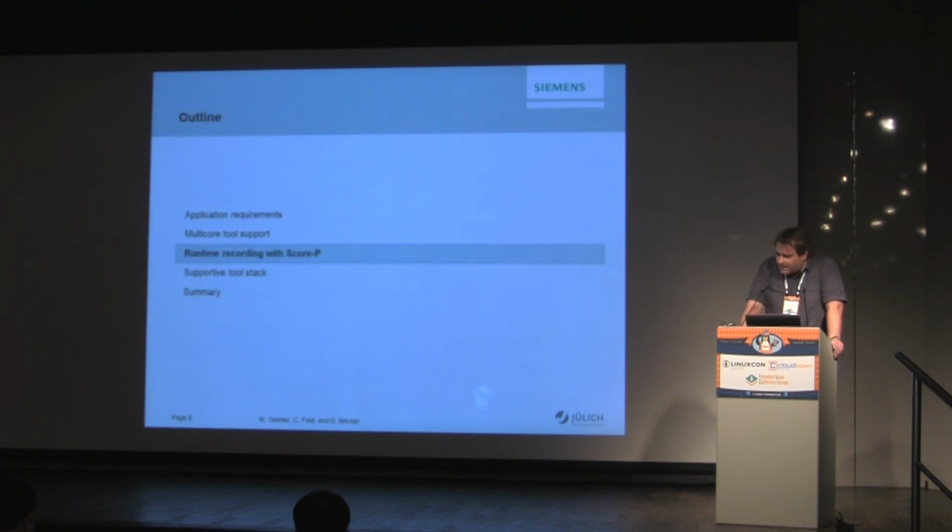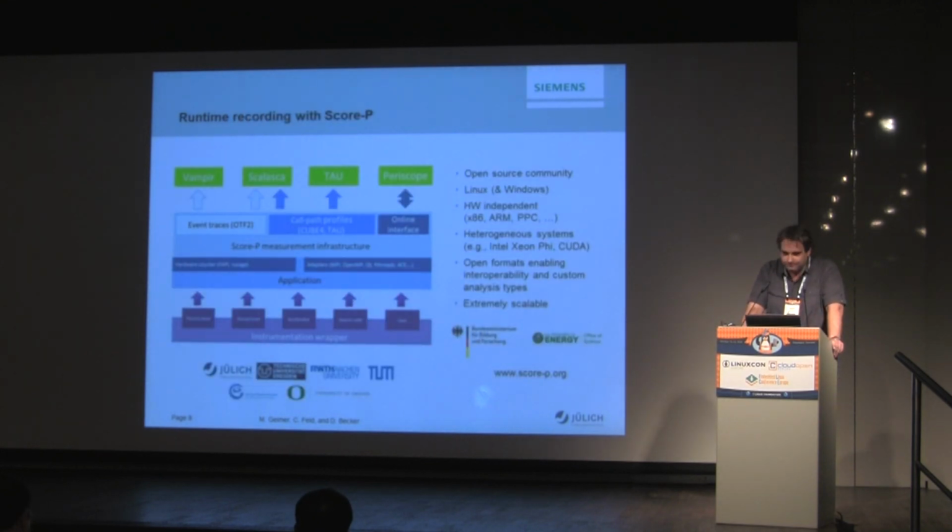So we actually had this situation at Siemens, and then we looked around at the tracing systems out there, and we found one. We found it pretty amazing and interesting. It's actually called Score-P.